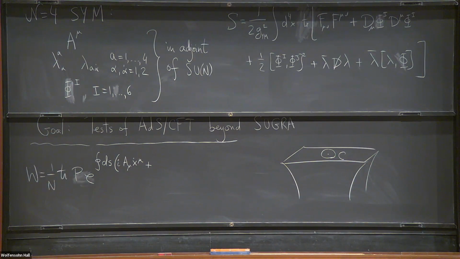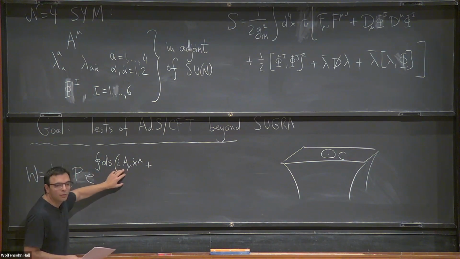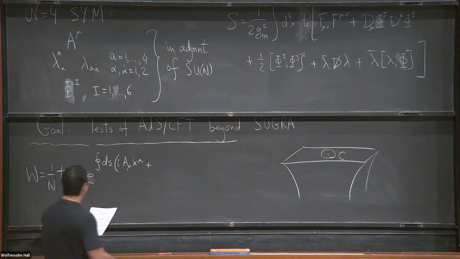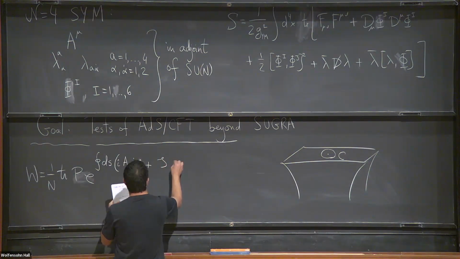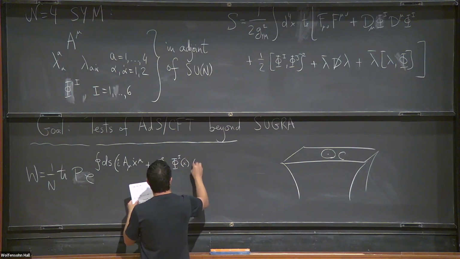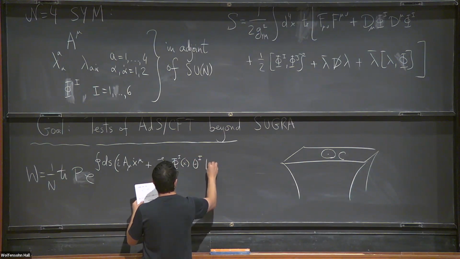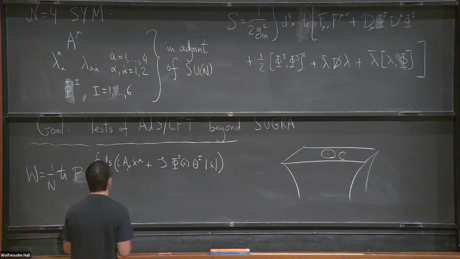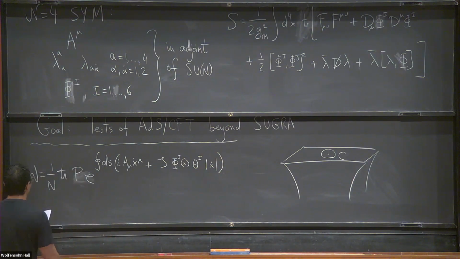In N=4 super Yang-Mills, sometimes it's useful to consider a different kind of Wilson loop operator, where in addition to the gauge field in the exponent, one also has one of the scalar fields. I'm going to write it like this: zeta times phi^I of x times theta^I times the magnitude of x-dot. The integral is over the contour C. The usual Wilson loop is the one with zeta equals 0.